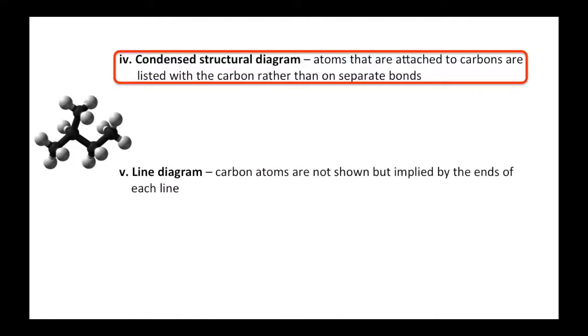Now there's condensed structural diagrams. Now take a look at what this picture looks like. Now there it is. Now I've flipped it from left to right. I've flipped it horizontally, and the branch is now facing down.